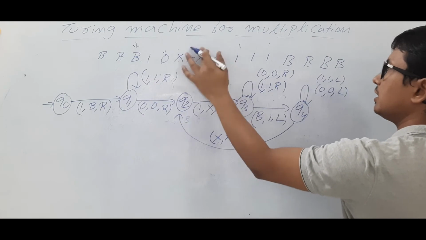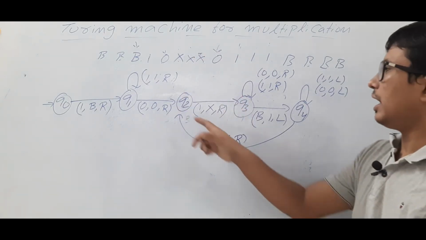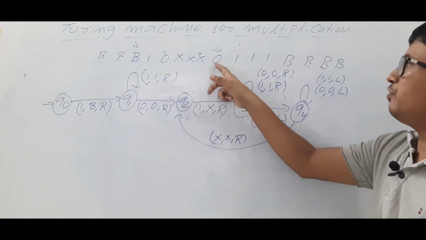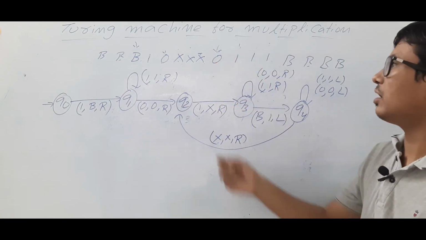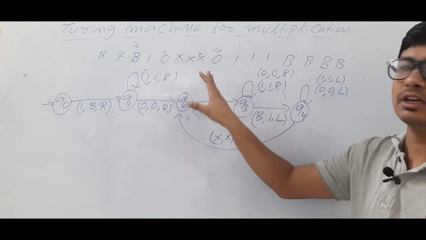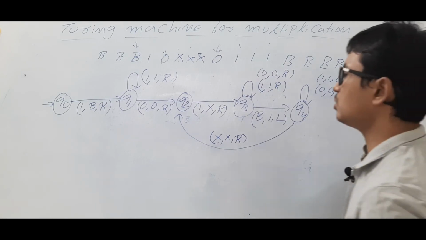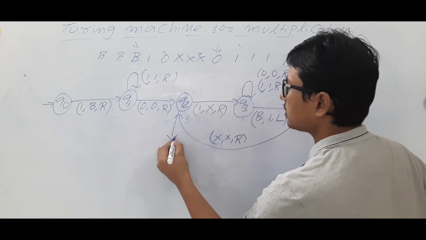So you are currently here, in the state Q2. If you see a 0, what is the meaning? All the ones you have successfully placed here. All the ones are finished here, and those ones you kept in the output. So what should I do again?